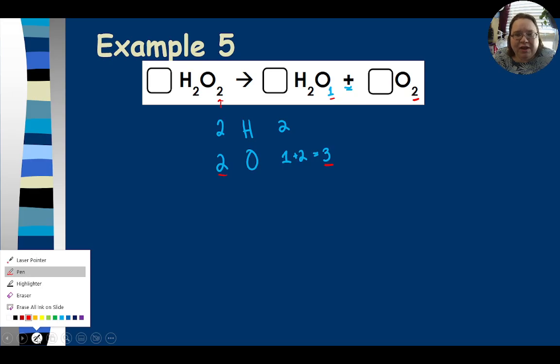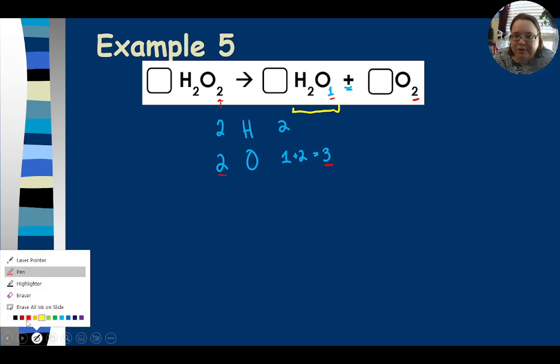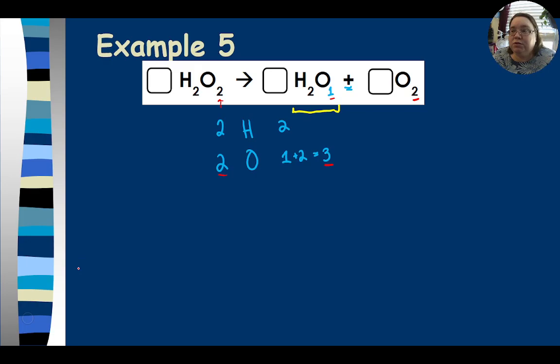So instead of trying to get my O's to be 6, what I'm going to first do is look at the O's in the water, and fix it so that we have an even number of O's coming from our water. So to do that, I'm just going to multiply my water by 2, because the easiest way to get an odd number to turn even is to multiply it by 2.